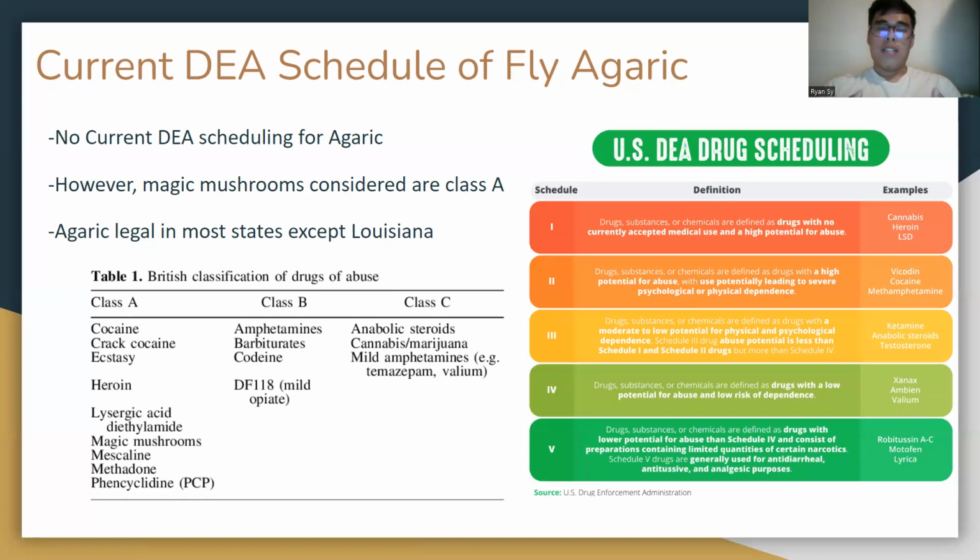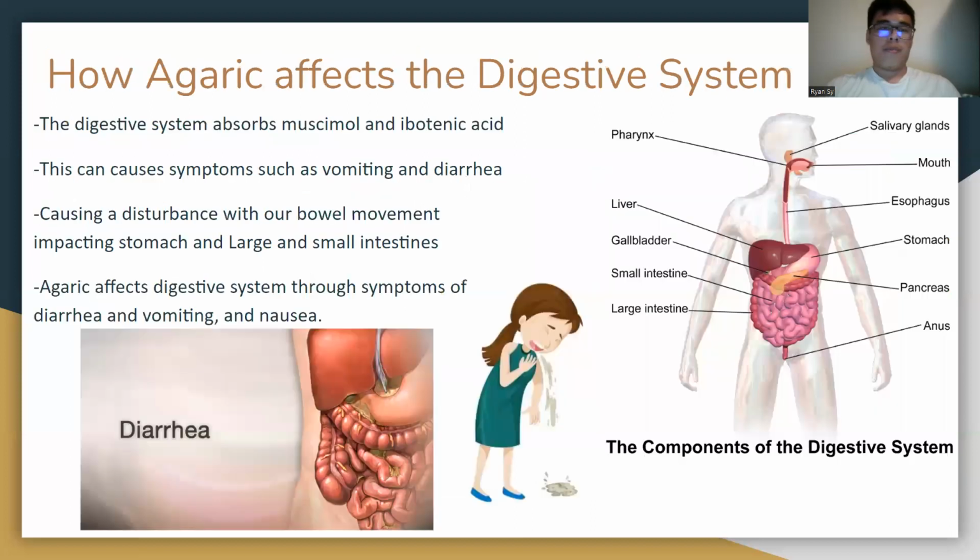However, in the United States, right now, it is legal in most states, all except Louisiana. But even though it is not illegal, you should be very, very cautious when taking it, especially about the symptoms and side effects that you may experience.